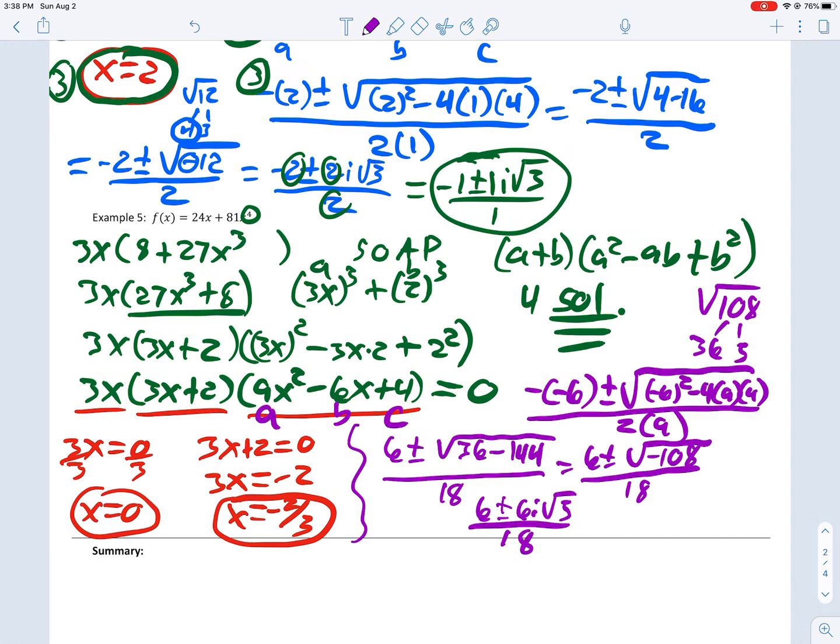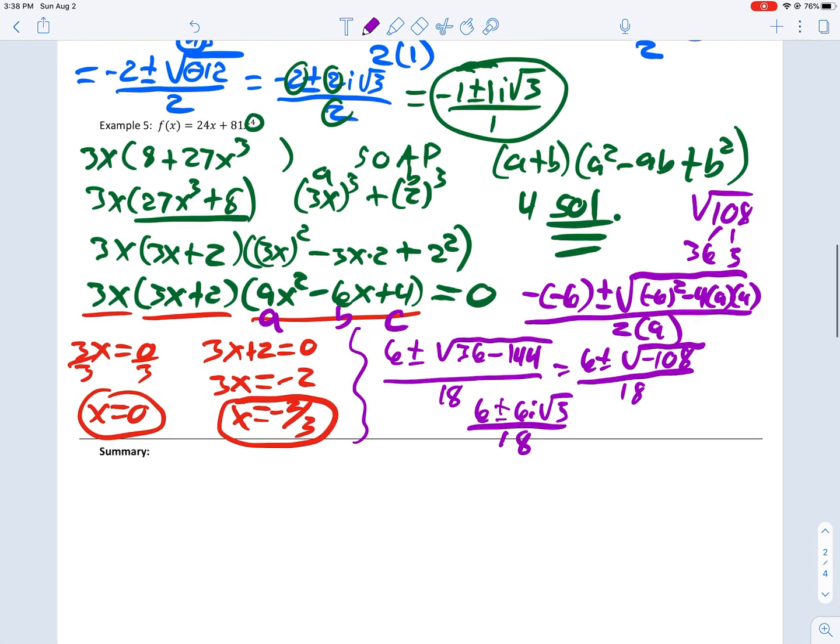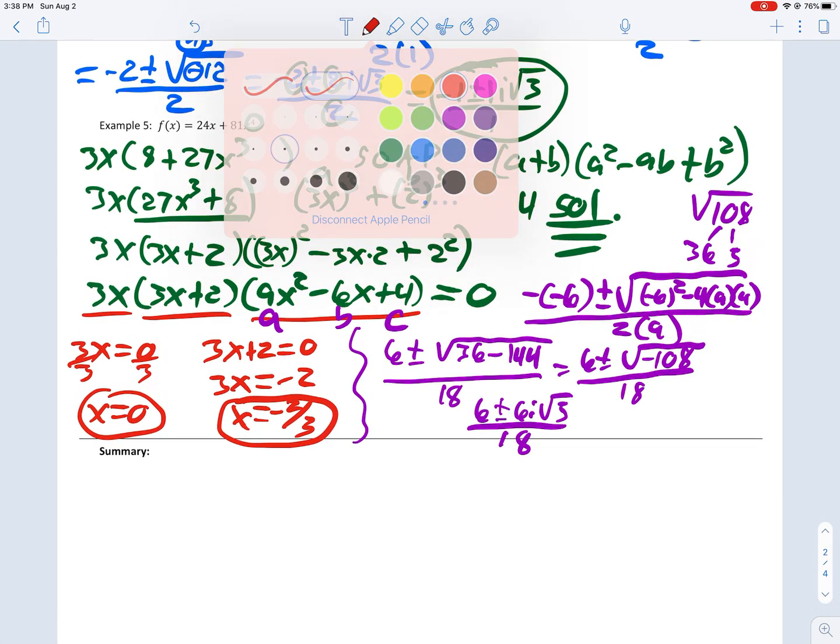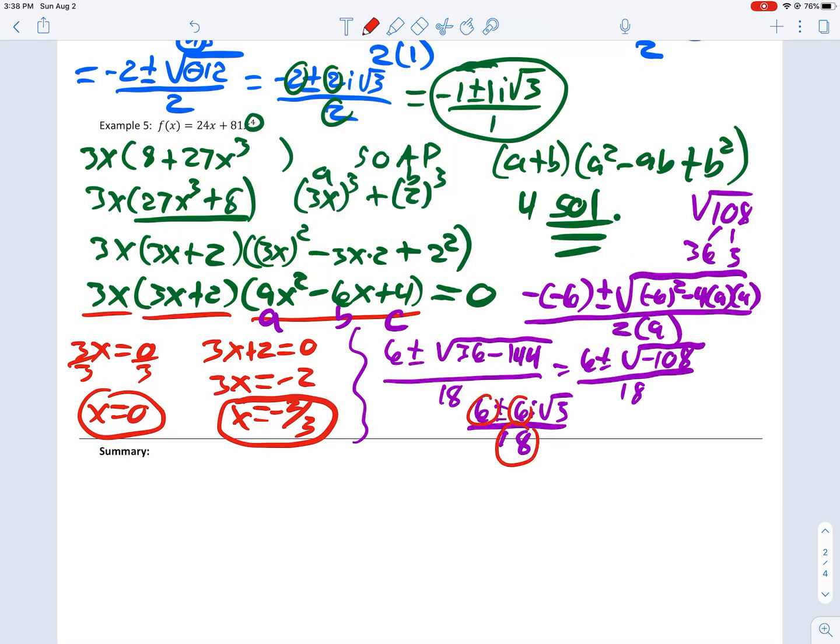So again, root 108 is root 36 and 3. Square root of 36 is 6. The i takes care of the negative. Notice again, all divisible by 6. So 1 plus or minus 1i root 3 over 3. And there's your third and fourth answer. So there are your 4 answers.